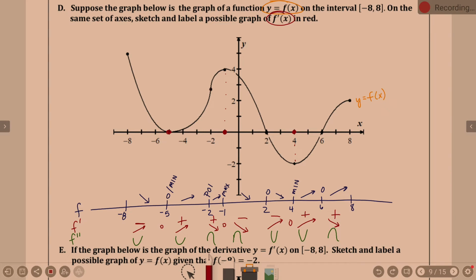Because it's increasing and then decreasing, that's going to be a max. We can put a dot here somewhere. We don't necessarily know where, but that's going to be a max of some sort. What else? This inflection point is decreasing to it, increasing to it, so it's going to be a minimum.